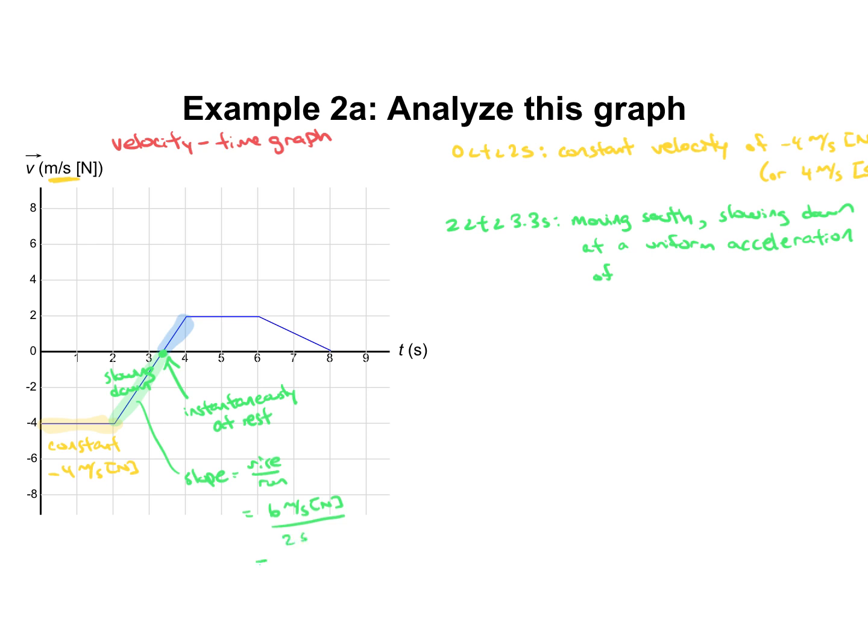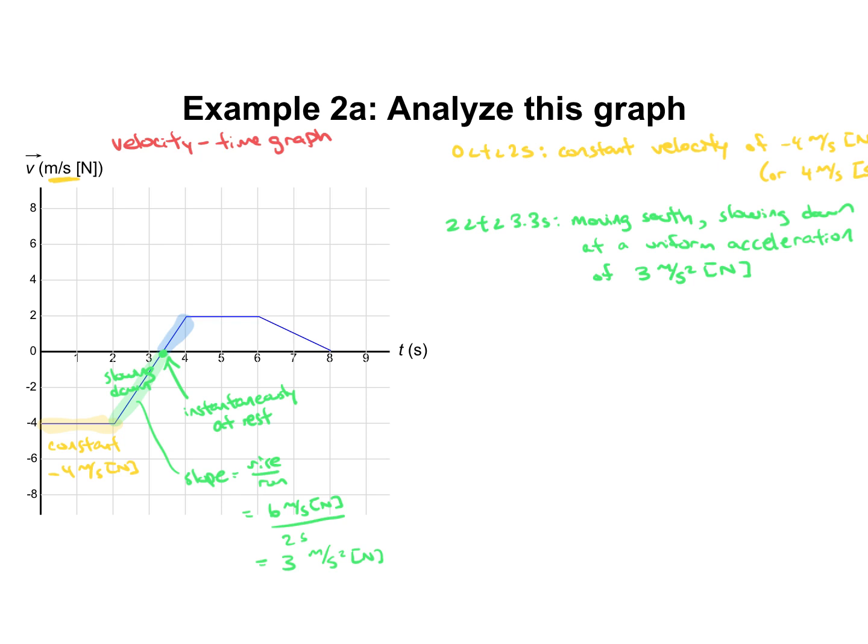So 6 over 2 makes 3 meters per second squared north. So it has an acceleration of 3 meters per second squared north. So recap, from 2 to 3.3 seconds, the object is moving south and slowing down at a uniform acceleration of 3 meters per second squared north.